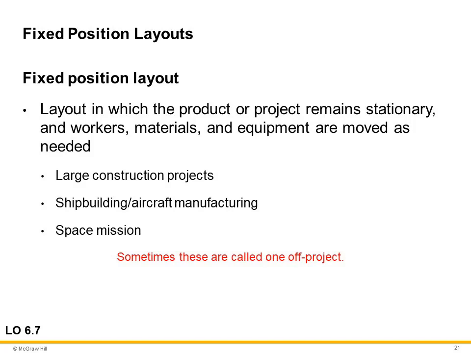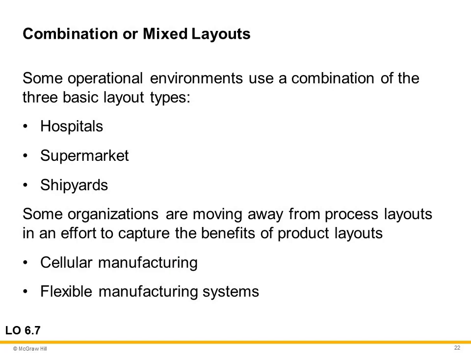So let's talk about the last one, hybrid layouts. In hybrid layout, you use a combination of 2 or even 3 layouts for your business. For example, hospitals have 2 kinds of layouts: a different layout for their emergency rooms and regular buildings.